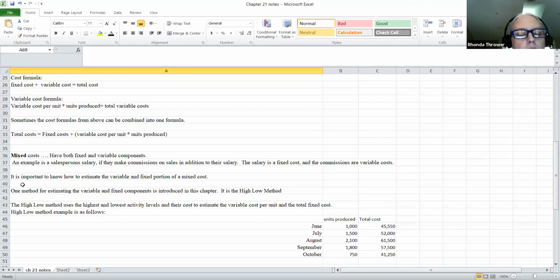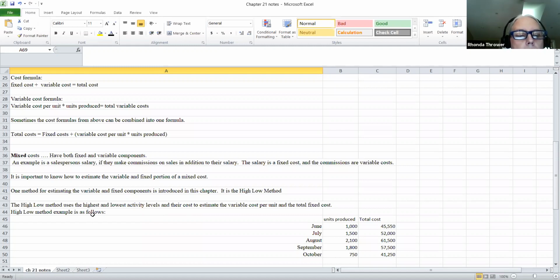It's important when you're looking at mixed cost to know how to estimate the variable and the fixed portion of a mixed cost. One method that they show you in this chapter, and it's the only method that they show you in this chapter, is what we call the High-Low method.